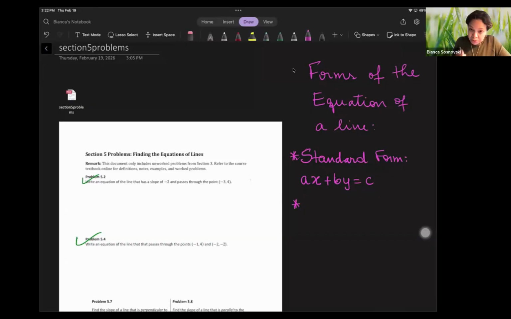The second form we saw was the slope-intercept form. That form has the y variable isolated. You have a number times x plus minus a number without a variable. The number that multiplies x, we designate with the letter m, that represents the slope.